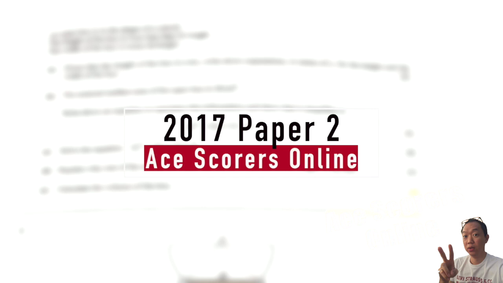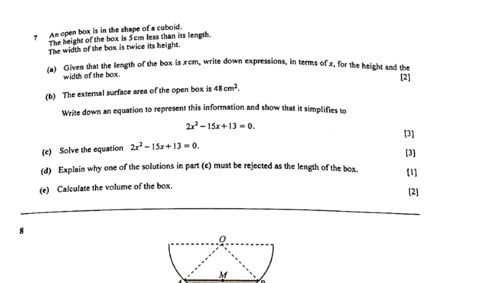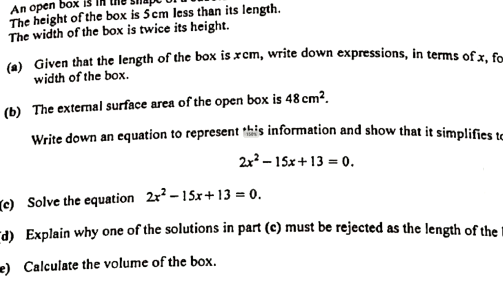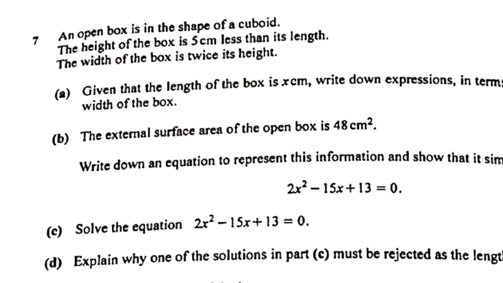Okay, as usual, I'm just going to do it, and you sound out if there's anything. Let's take a look at this first question. An open box is in the shape of a cuboid. The height of the box is 5 cm less than its length.